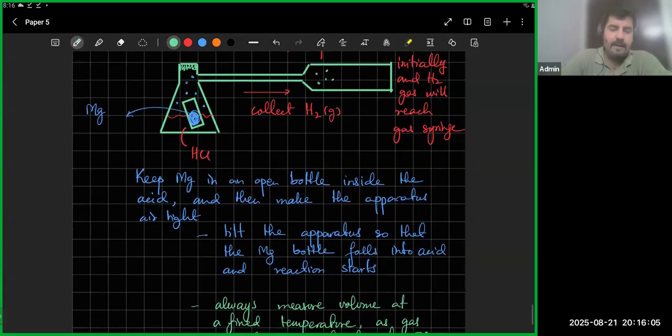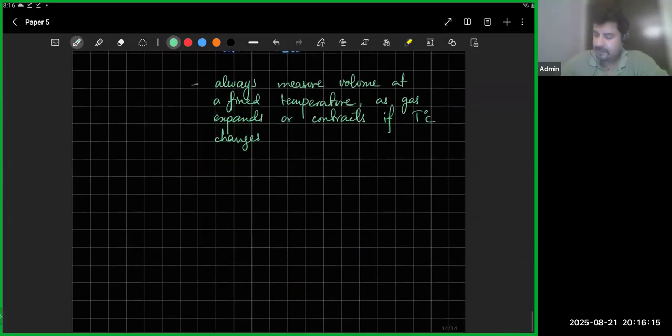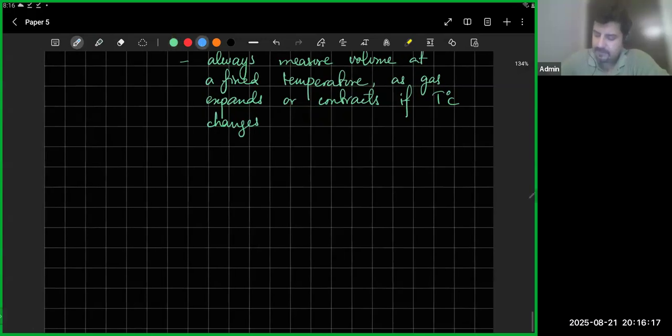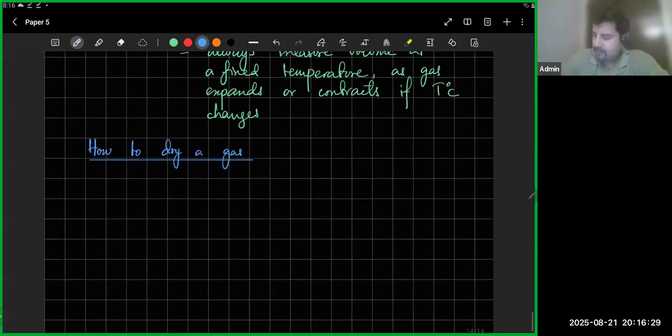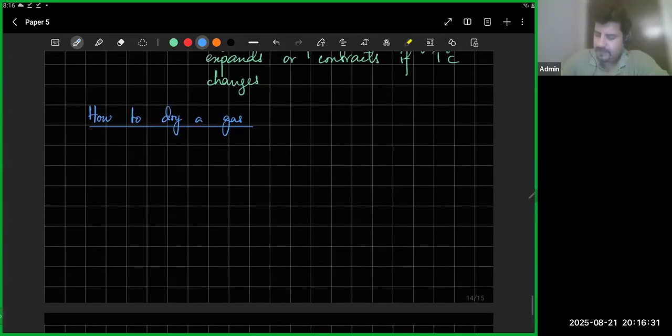Okay. So moving on to the next thing that we're going to do is this is all about gases. We're going to talk about drying a gas. If you collect a gas, how to dry a gas. So usme what you do is there are a couple of dehydrating agents.